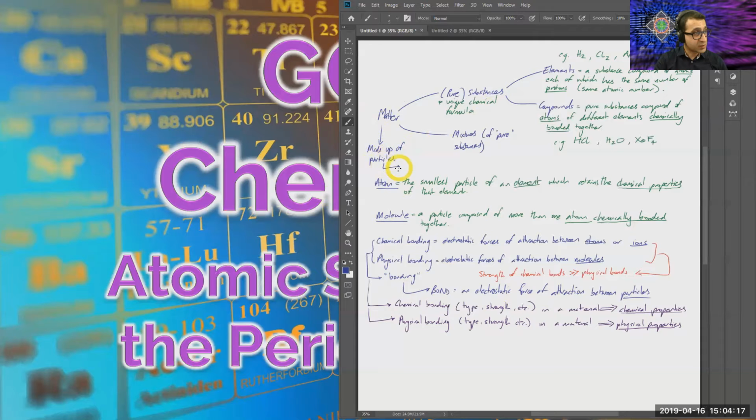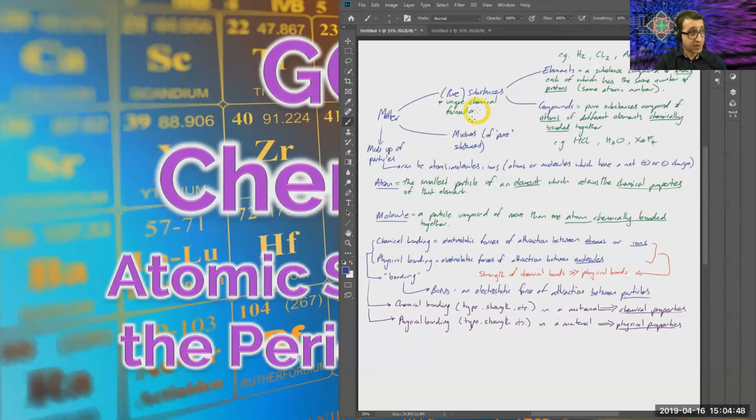Now those particles, as we've seen, can be atoms, they can be molecules, or they can be ions. And ions are basically atoms or molecules which have a net positive or negative charge.